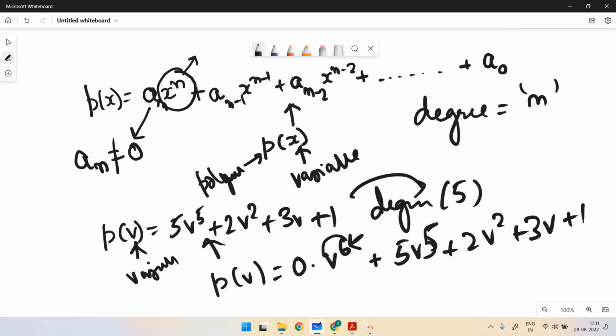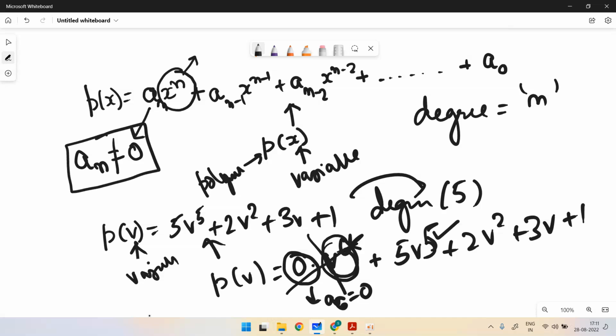Here the maximum value of n is 6, but a_6 is 0. For v^6, a_6 is 0, which implies the degree is not 6. The degree is only 5. That's why I have written that for a_n not equal to 0, the degree of this polynomial is n.